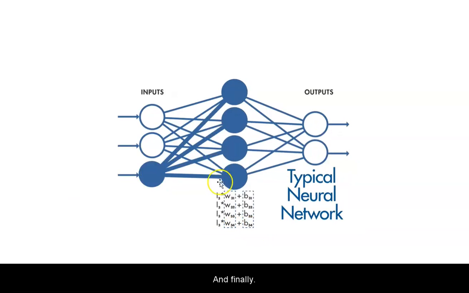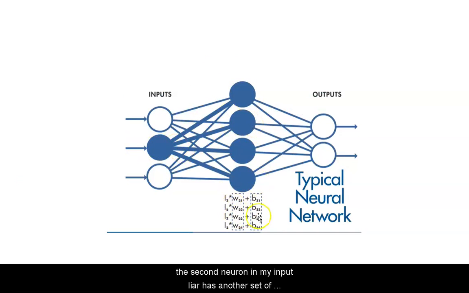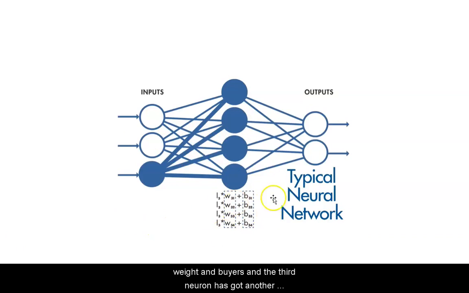Finally, the third neuron of my input layer is associated with the weights W31, 32, 33 and 34, and the same with the bias. So the first neuron has a set of weight and bias, the second neuron in my input layer has another set, and the third neuron has got another set of weight and bias.